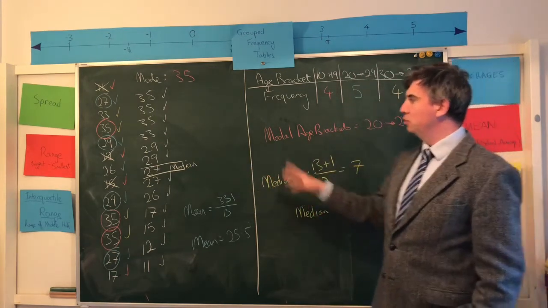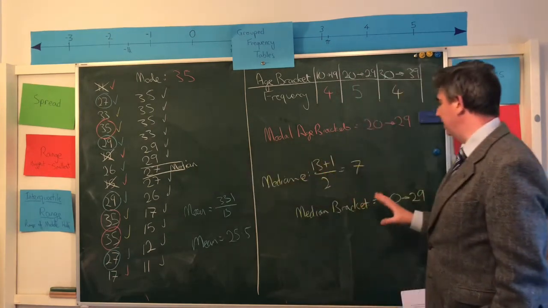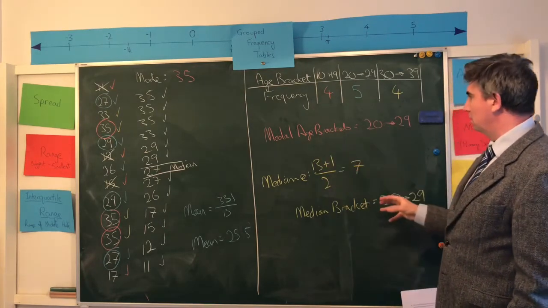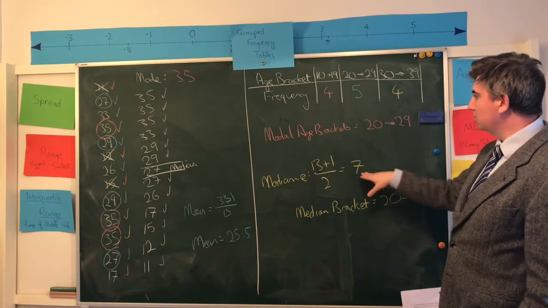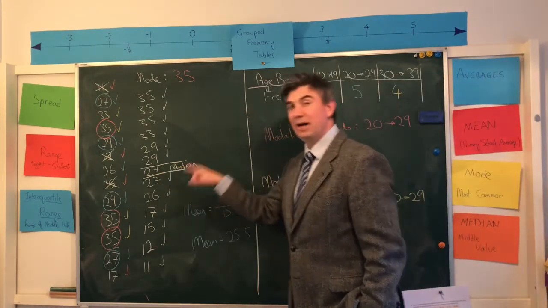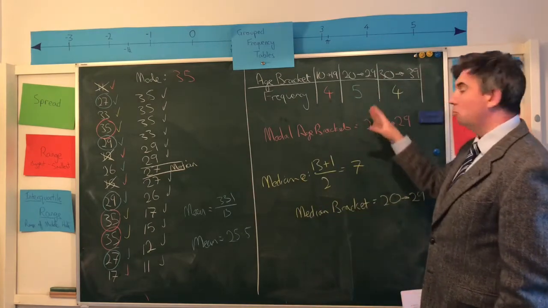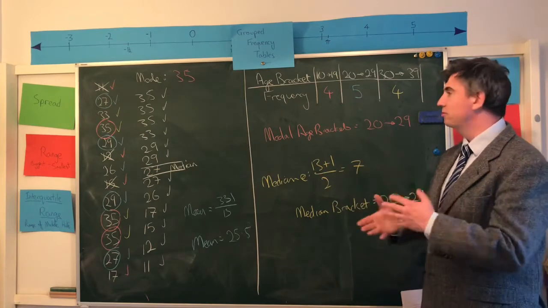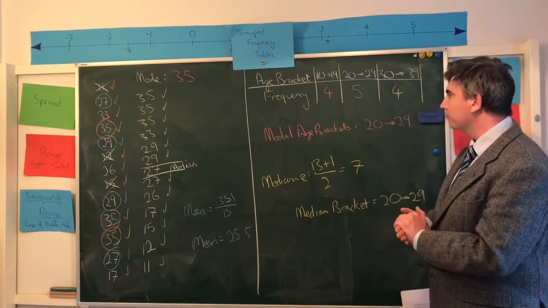If you do it this way, you should get an answer that's in here, because you're actually talking about a specific number. And we're finding out that that number is in the 7th position. 1, 2, 3, 4, 5, 6, 7. So if we hadn't lost that information, we would have been able to get 27 out again, but we've given up our individual values in order to group them.